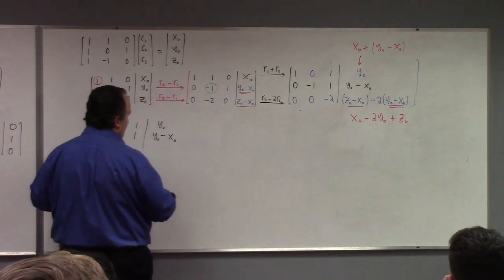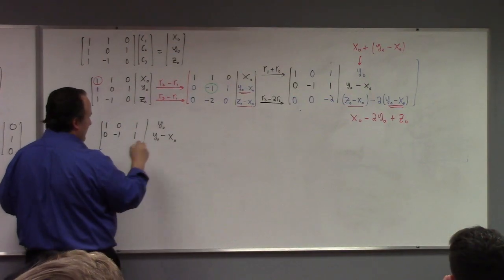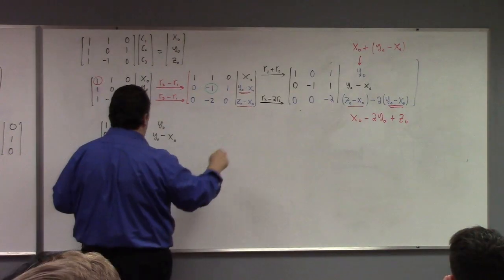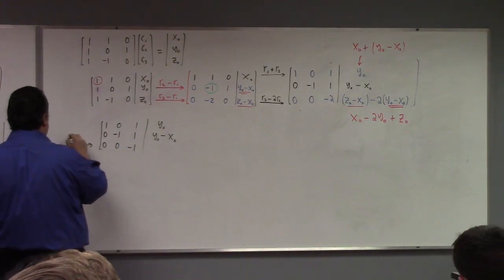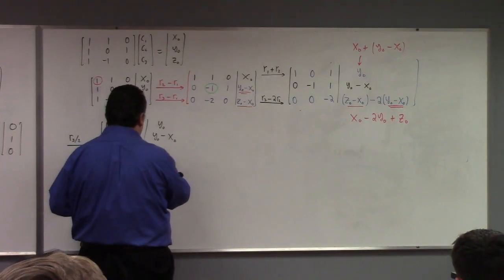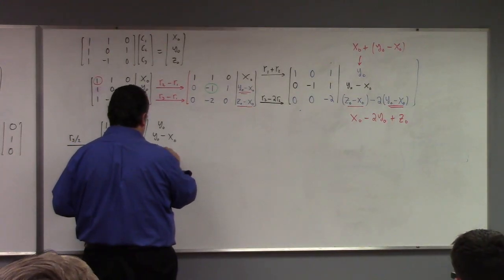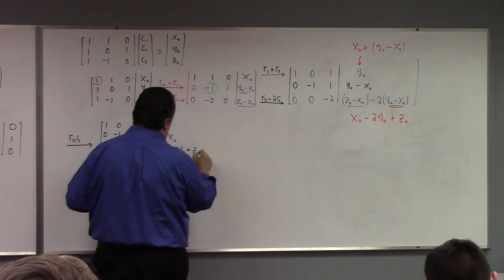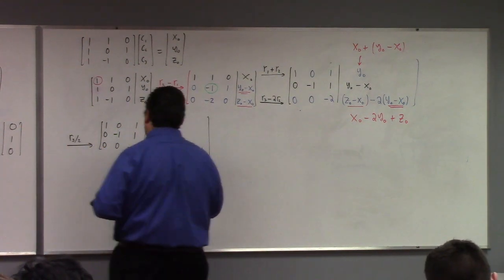And the last one I'm going to divide by 2: 0, 0, minus 1. Row 3 divided by 2. So I get 1/2 of x naught minus 2y naught plus z naught, if I haven't made a stupid mistake at this point.